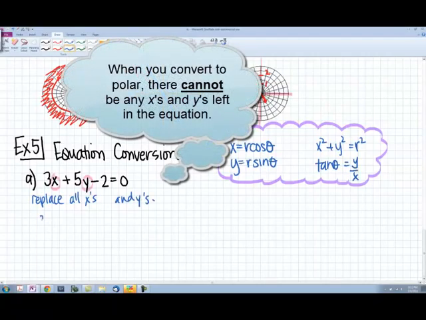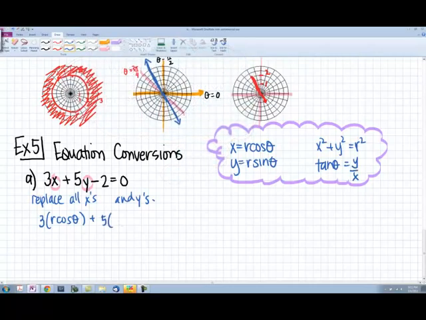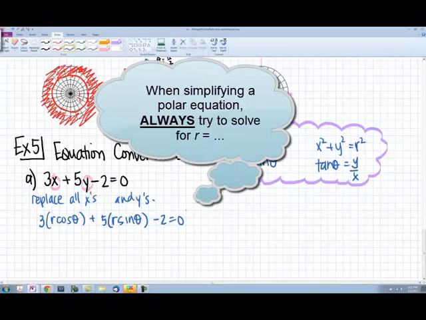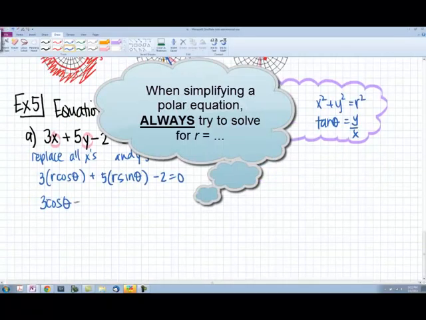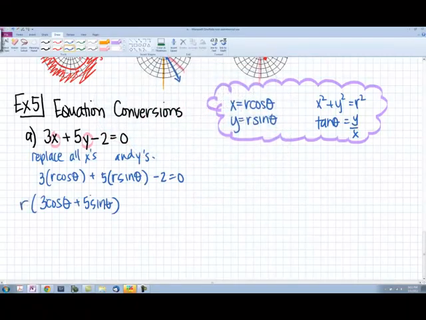So I'm going to write this out as 3 times r cosine theta plus 5 times r sine theta minus 2 equals 0. I can factor out the r because they both have one, and then I'm going to move the 2 over to the other side. So then I can divide everything and get r equals 2 over 3 cosine theta plus 5 sine theta.